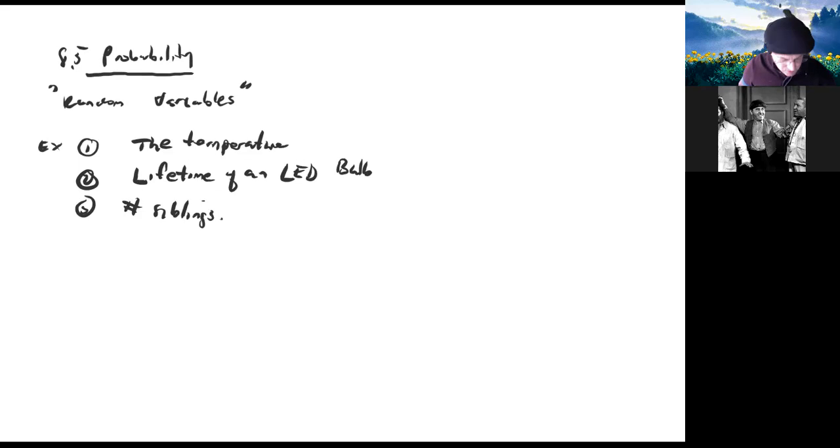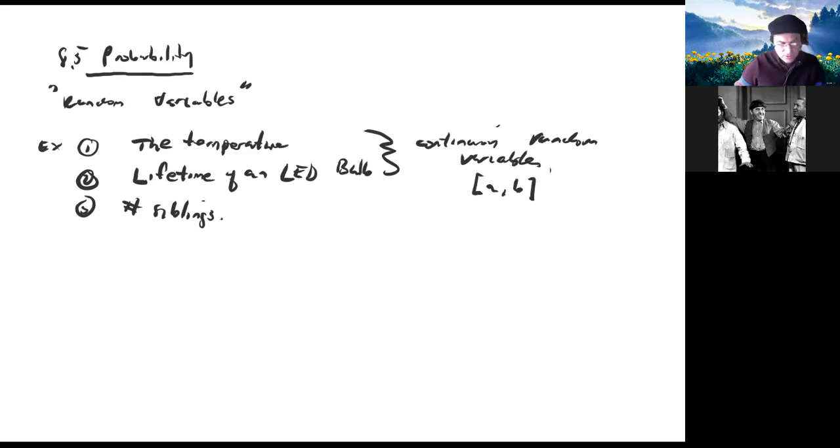Okay, so the first two cases are called continuous random variables. Their values can be in some interval A, B. For example, the temperature could be any number between minus 40 degrees Fahrenheit and 110 degrees Fahrenheit, and any real number in between.